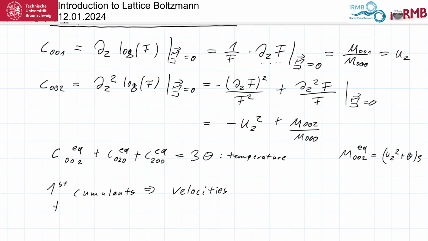The trace, the sum of the diagonal terms in the tensor of the second order cumulants, is the temperature.